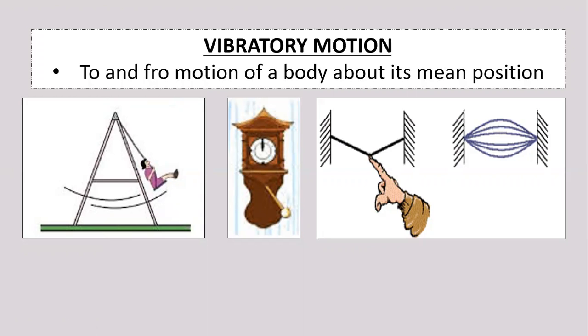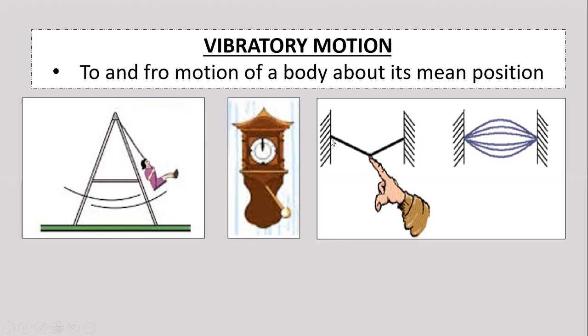And when it started moving left and right, it was moving about its mean position. So this left-right motion of the pendulum about its mean position is called vibratory motion.